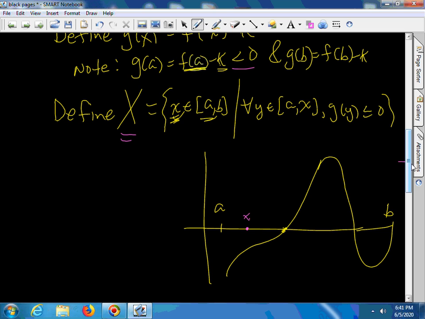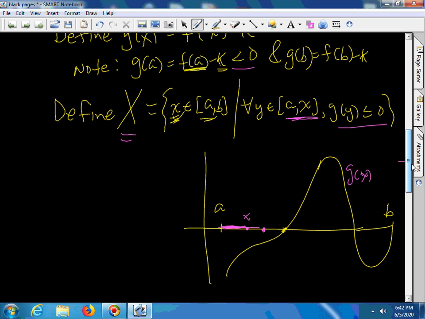Why? Because if you take any number between A and that x, g of that number will be less than 0. For any value between A and x, g of those values are all negative. You could pick that value for x.